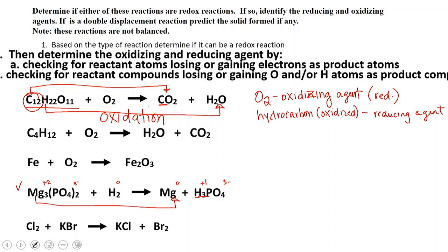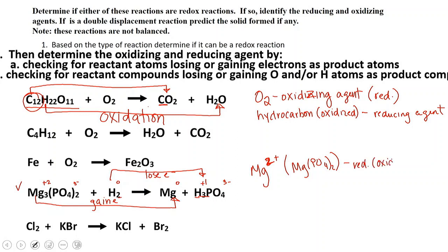So what's happened to magnesium and hydrogen? Magnesium goes from a +2 to a 0, so that means that it gained electrons. And hydrogen goes from a 0 to a +1, which means it loses electrons. So the magnesium ion, 2+, within the magnesium phosphate is reduced, so it is the oxidizing agent.